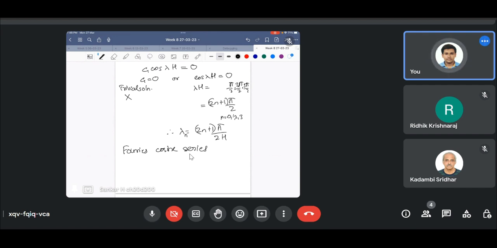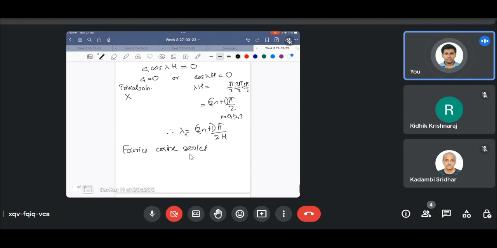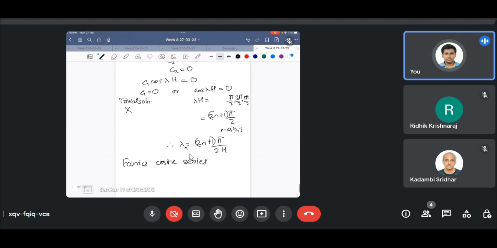So the solution of this problem will be the summation of all the terms from 0 to infinity. It won't be just the value at pi by 2 or just the value at 3 pi by 2. It will be a weighted sum of all the solutions, n from 0 to infinity.